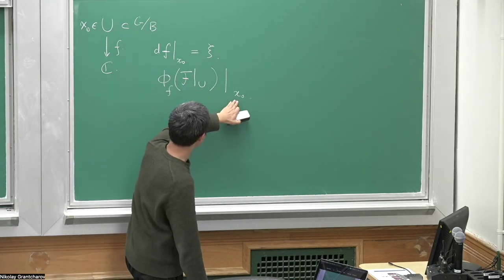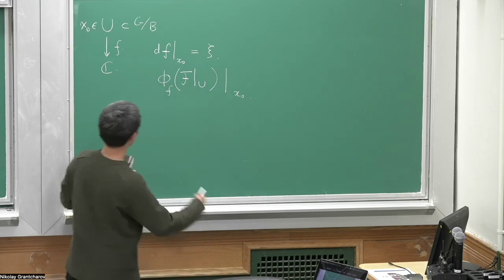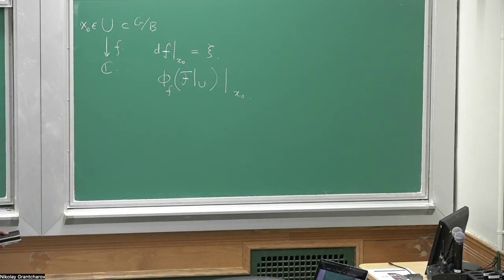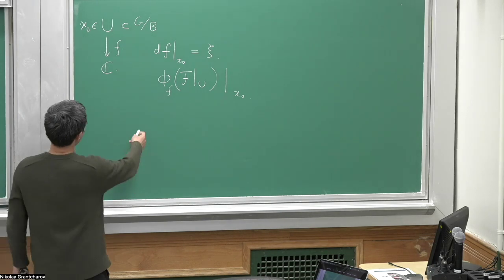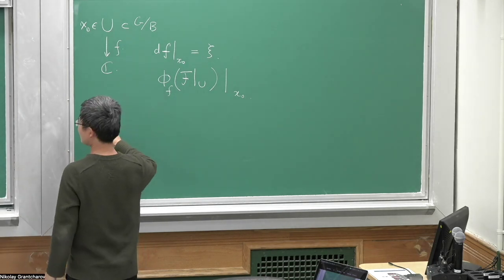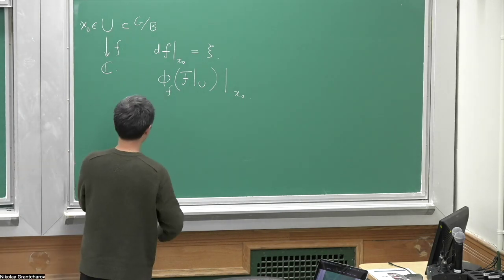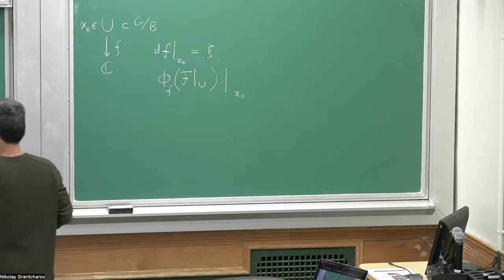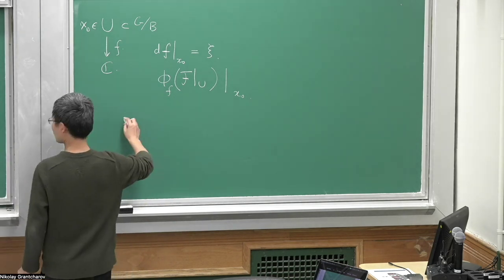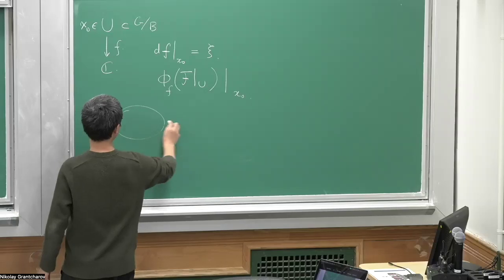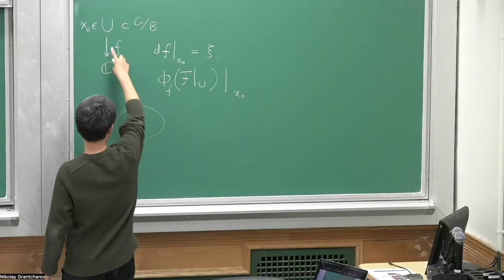Either take the stalk here or just take the global sections of the vanishing cycles. So what it measures is how much your sheaf jumps when you slice your manifold by this function.